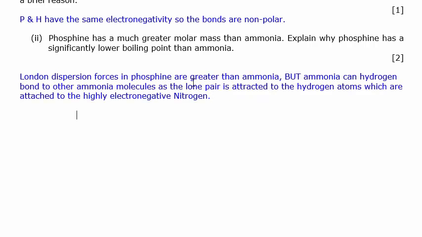Phosphine cannot hydrogen bond. It has London dispersion forces and also dipole-dipole interactions. But hydrogen bonding is much stronger than London dispersion forces, LDF, and dipole-dipole interactions in small molecules.